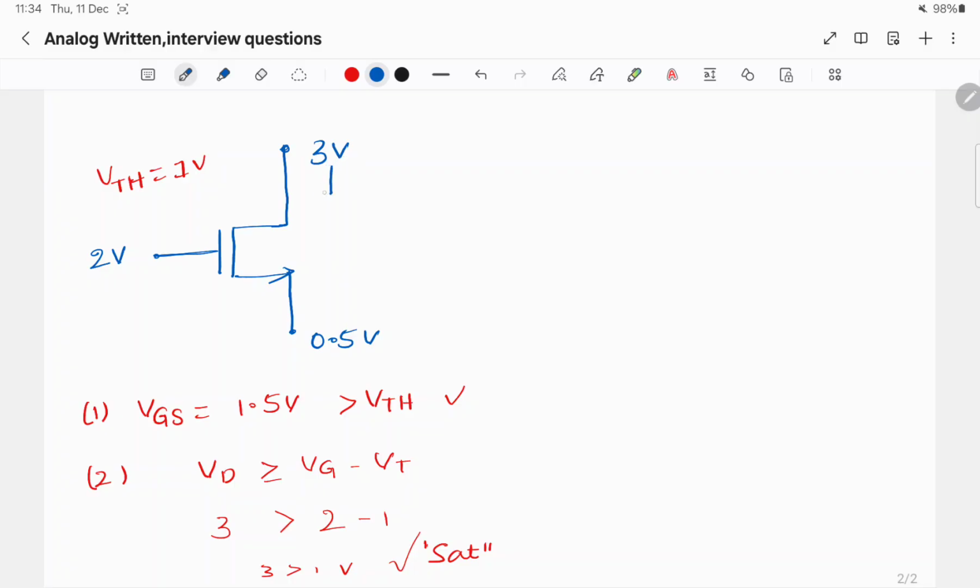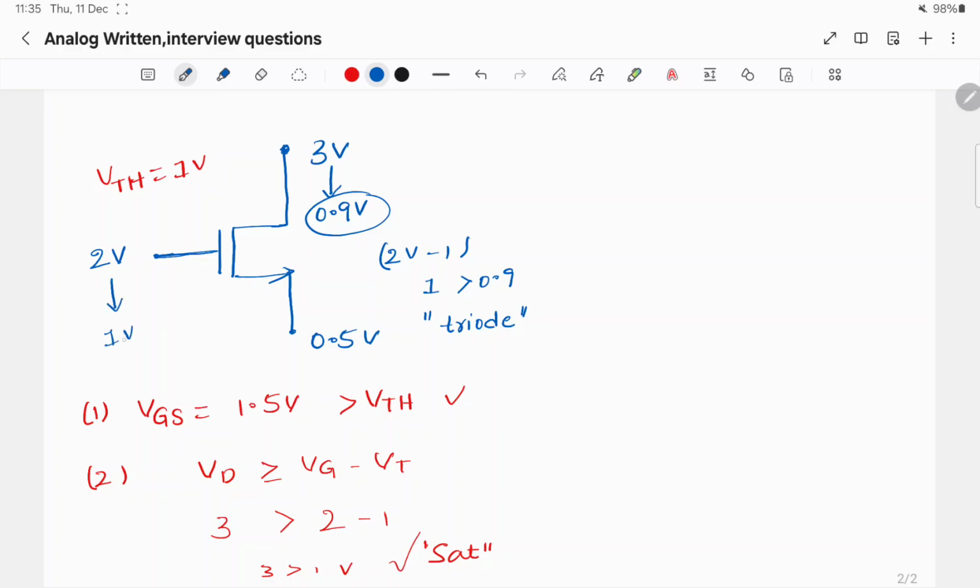If this voltage comes to, let us say, 0.9 volts, VD can come 1 VT below VG, that is it can go down to 1 volt.